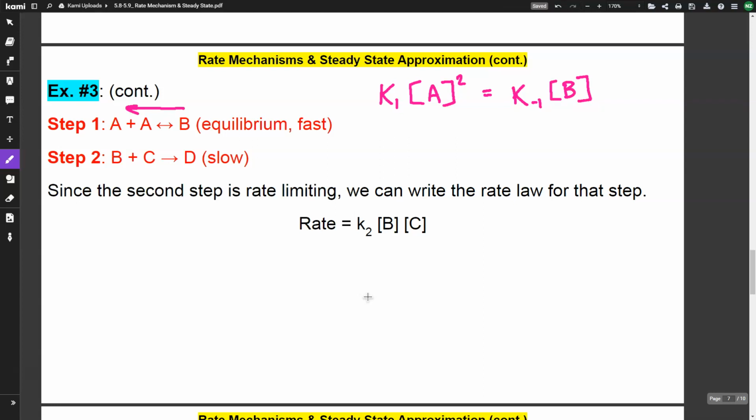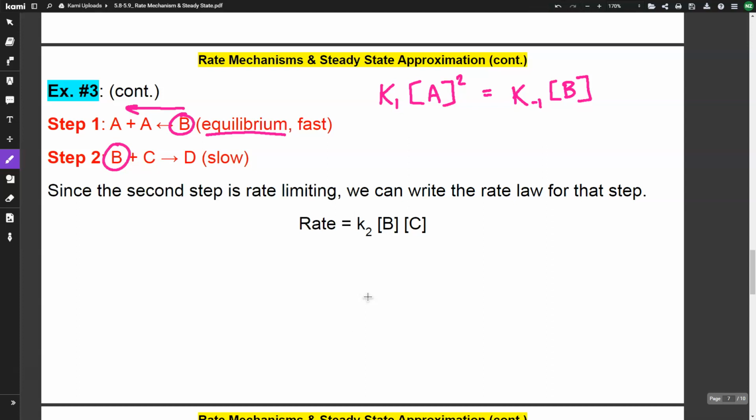Now I'm setting them equal because step 1 is happening at equilibrium. So the rate in the forward direction is equal to the rate in the reverse direction. That's by definition what an equilibrium reaction is. Now, B is our intermediate, and that's going to be important. So let's rearrange what we just wrote to get B by itself.